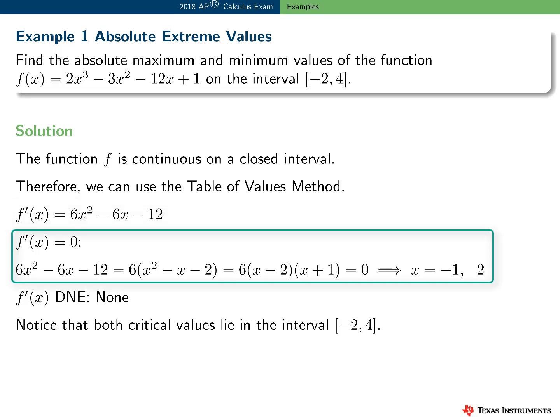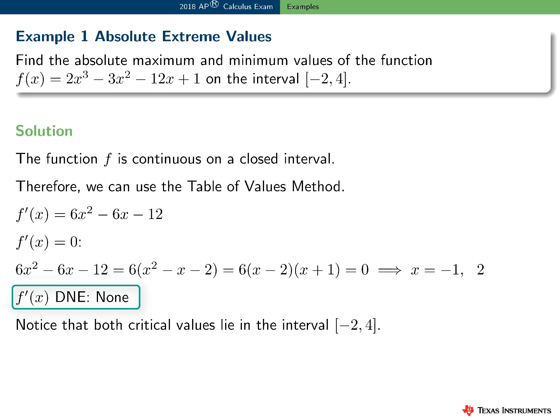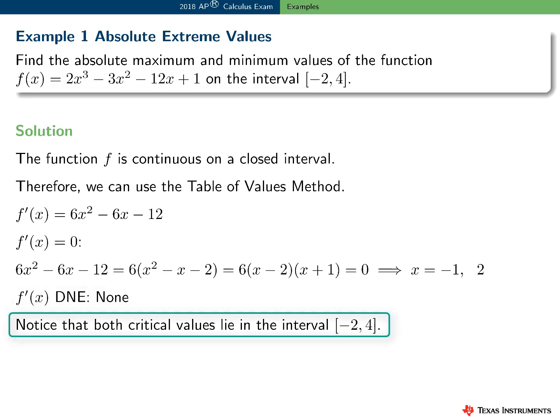First, where the derivative is 0, and I found two values, x equal -1 and x equal 2, and where the derivative does not exist, and in this case there are no places where the first derivative does not exist. So there are two critical values, and both lie in the interval -2 to 4. So I'm ready to construct a table of values.